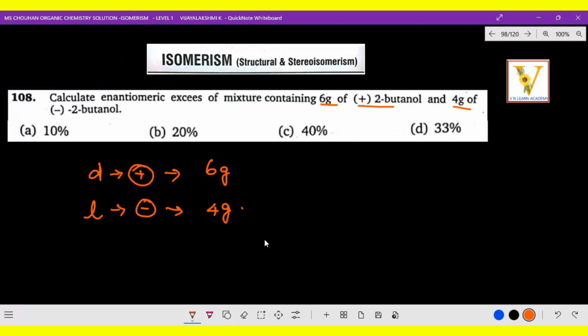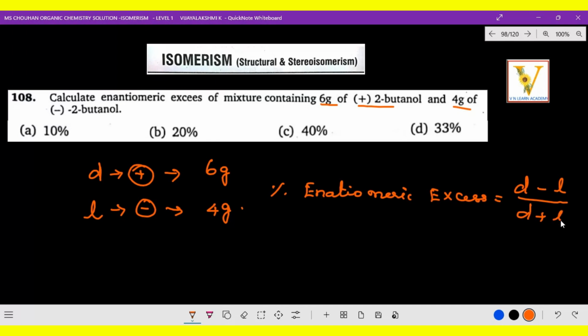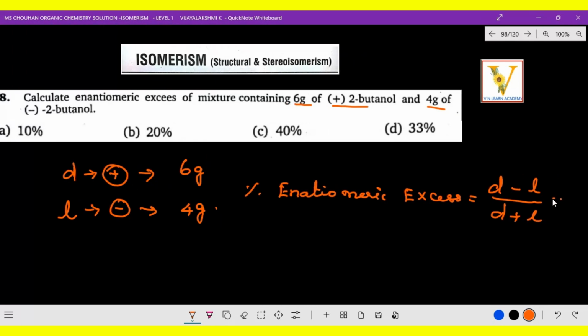So how do we identify the percentage of enantiomeric excess? Enantiomeric excess is D minus L divided by D plus L, into 100.